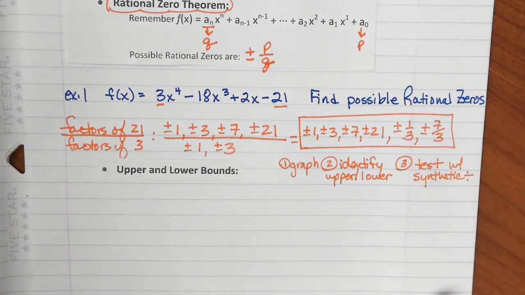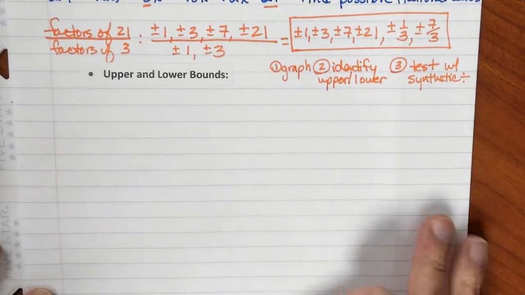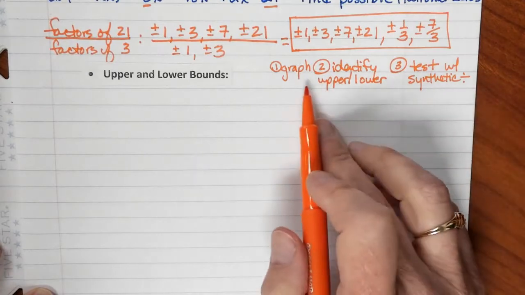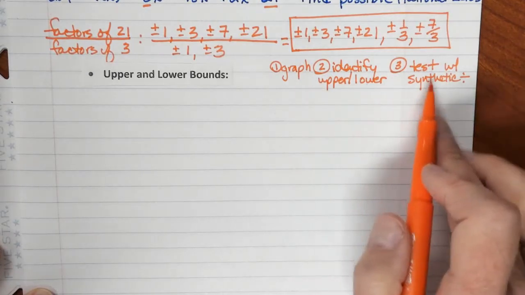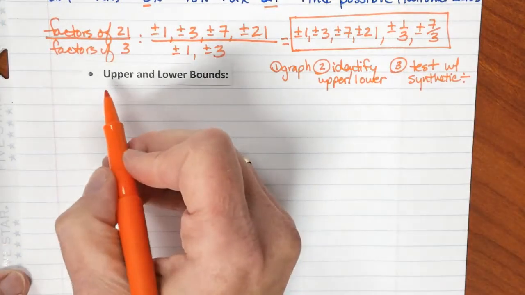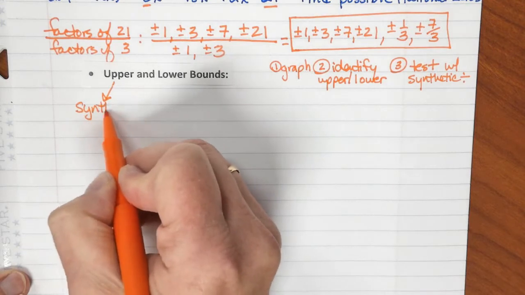So let's talk about specifically the upper bound. If you graphed it, you found a number that you think is the upper bound for the function. You've tested it with synthetic division.